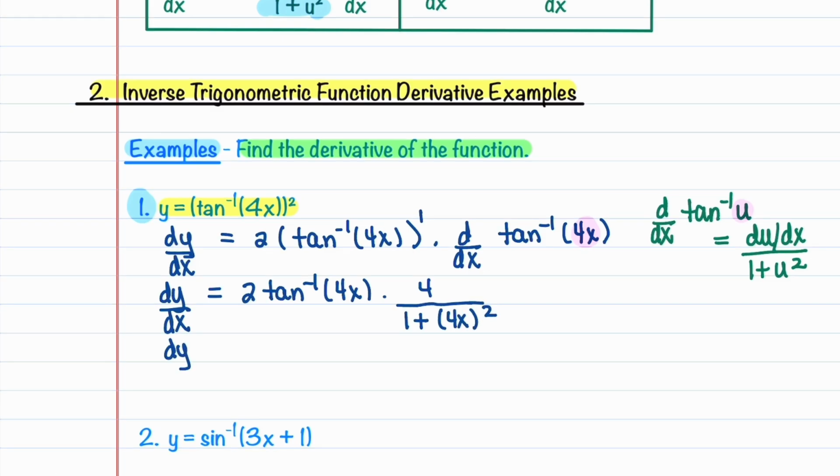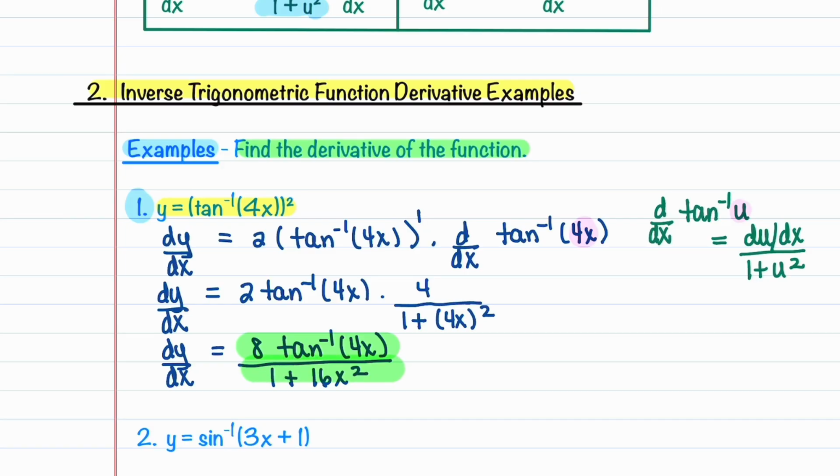Let's now combine our constants. So we have an 8 inverse tan of 4x, and then in the denominator, we have a 1 plus 16x squared. And that's our answer.